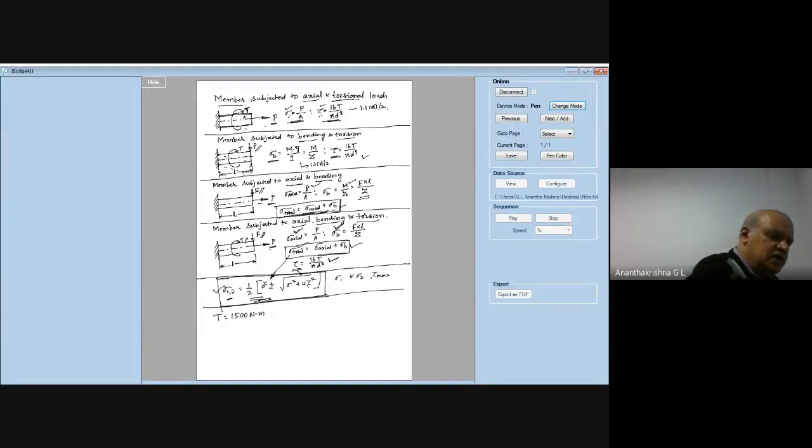The allowable twist is 1 degree for a length of 20 times the diameter of the shaft.